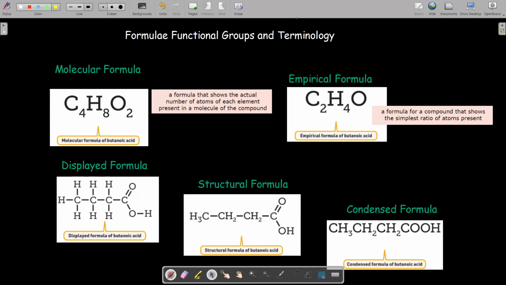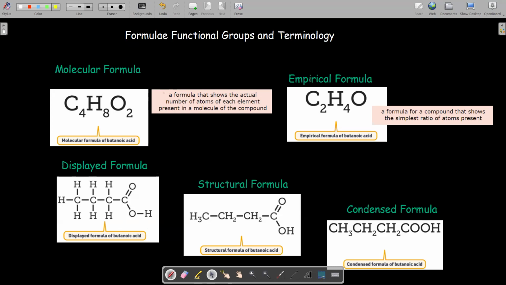So now let's get into what a displayed formula is. So displayed formula, what does it do? It shows the spatial arrangement of all the atoms and bonds in a molecule. It is very important to know the displayed formula because it is clearly showing you the bonds.